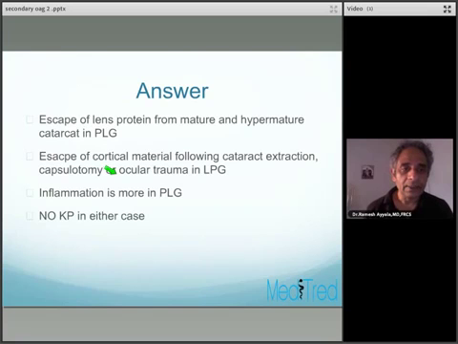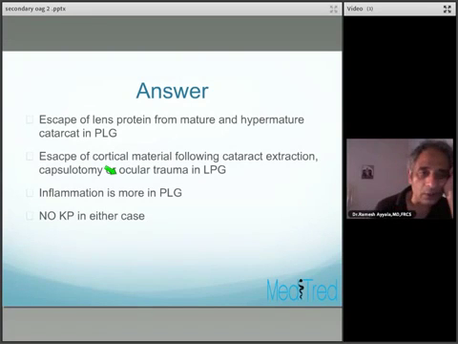Whereas in the lens protein glaucoma, the cortical material is released following cataract extraction, capsulotomy, or ocular trauma. So there is more inflammation in phacolytic glaucoma than the lens protein glaucoma.